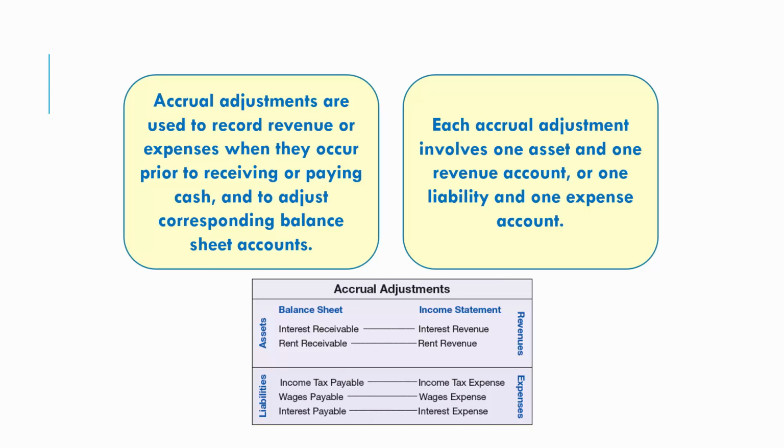So the accruals and the deferrals have to do with the timing of whether the cash comes first or whether the revenue or expense comes first. When you have an accrual and you're recording things and it's an asset, so you're going to be receiving this cash later, you call it a receivable because it's going to be received in the future.